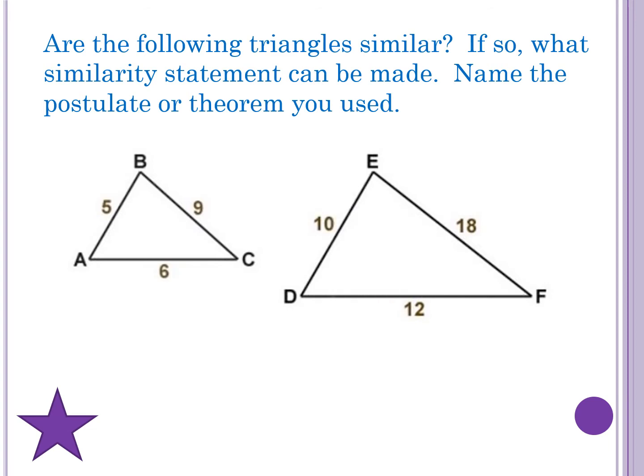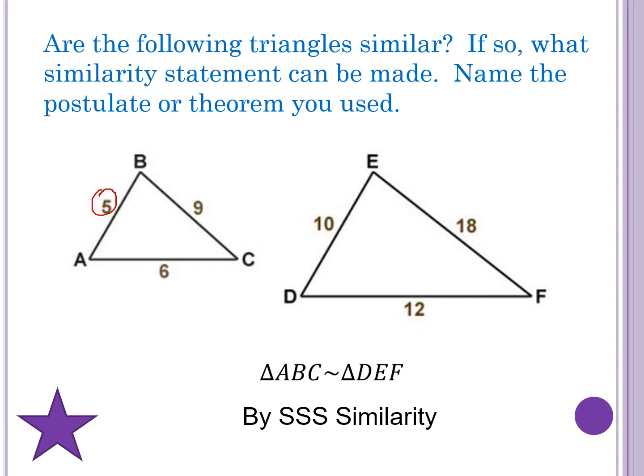Are the following triangles similar? If so, what similarity statement can be made? Name the postulate or theorem you used. The two triangles are similar by SSS similarity. Let us show that the corresponding sides are proportional. 5:10, 6:12, and 9:18.